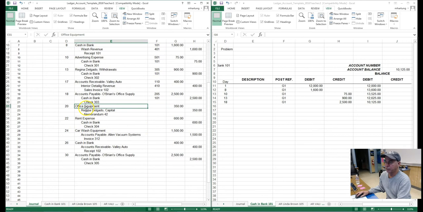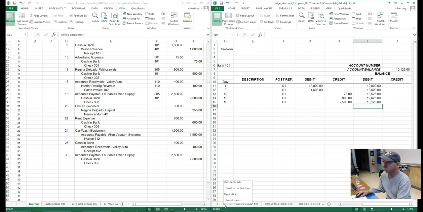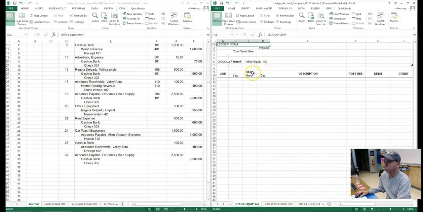Okay, up next looks like we're buying some office equipment. That's an asset. A 100 level account. There it is, office equipment, account 125. 20th.